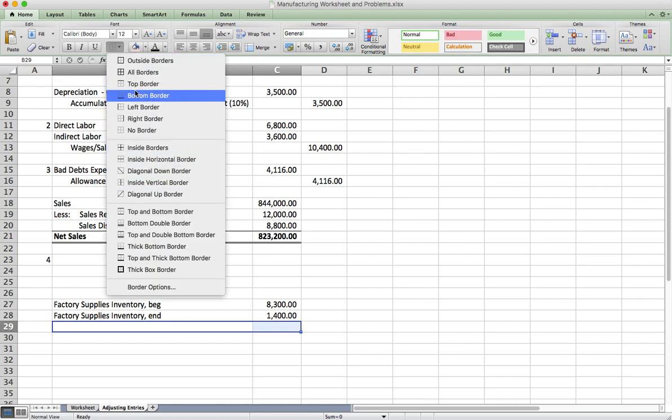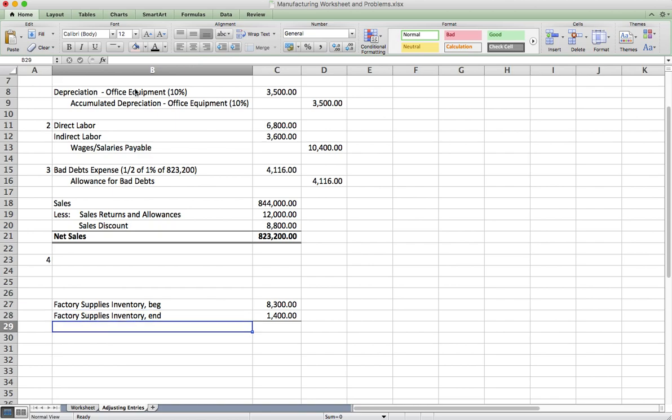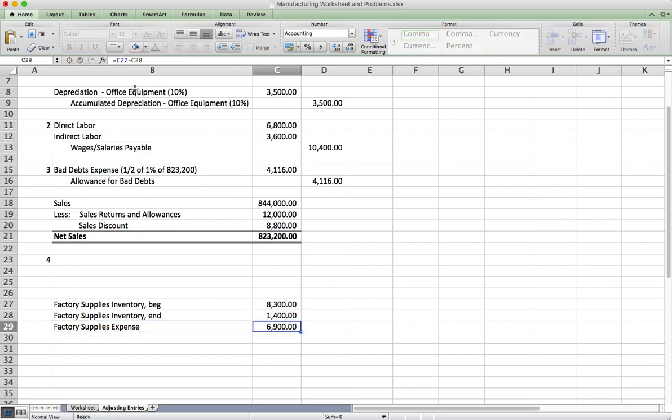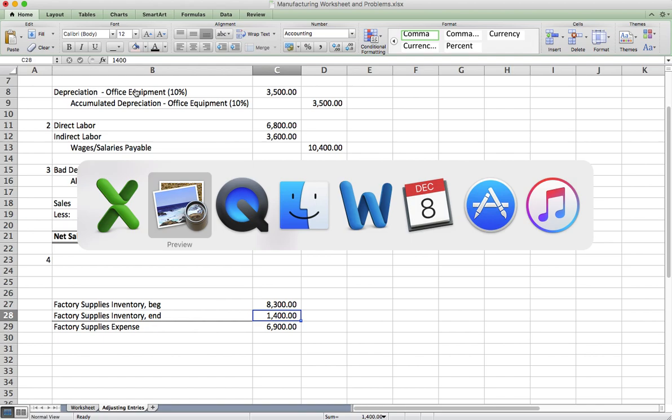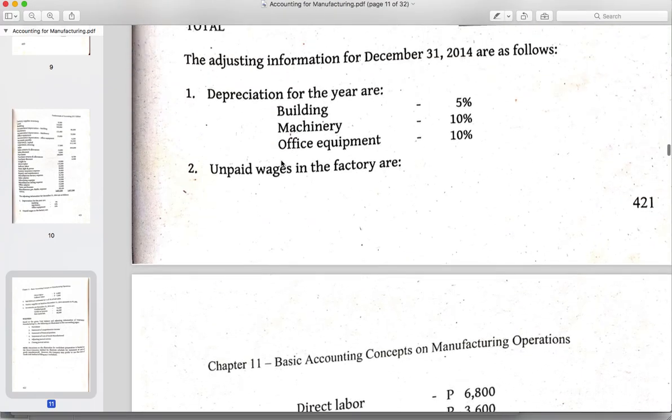Anong tawag mo doon? Factory supplies expense. Beginning less end. Paano pag may purchases? Di isama mo. Diba? Pero class, kasi dito, sa book, yung purchases niya, hindi niya pinaghiwalay.